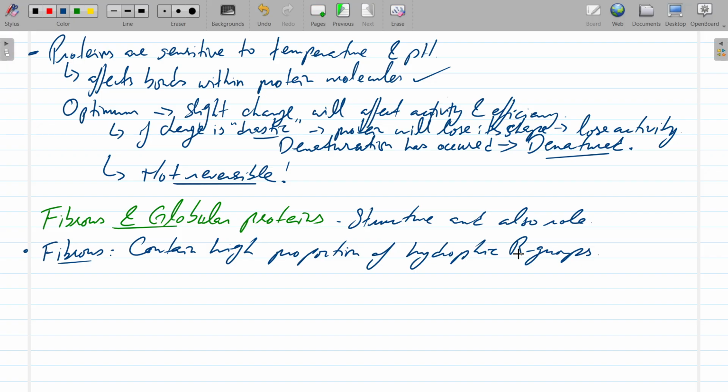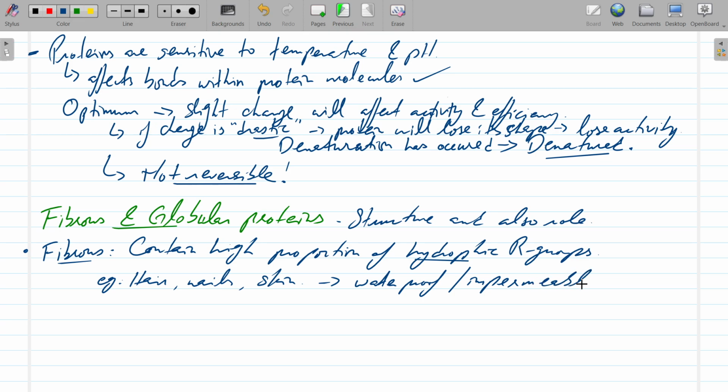And because they're hydrophobic, you'll be able to find fibrous proteins in structures such as your hair and nails and skin, and all of these are waterproof structures, or you could say they're impermeable to water.